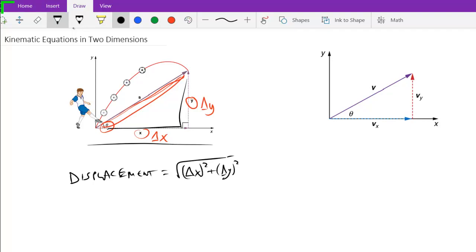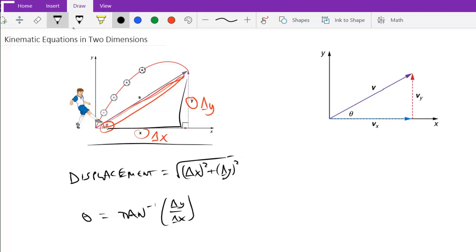And we could also find this angle theta, if we knew the x and y components of the displacement here. Theta would be the arctan of the y displacement over the x displacement, just solving this triangle here.